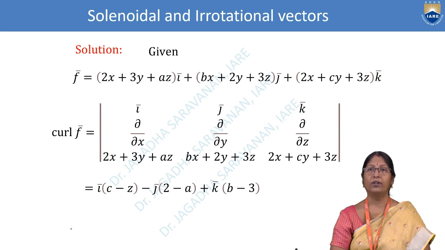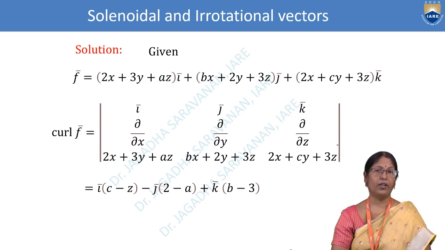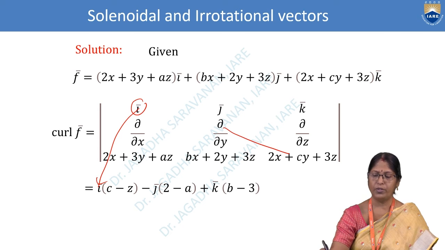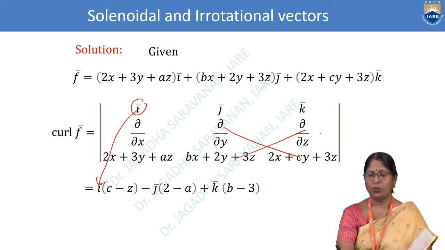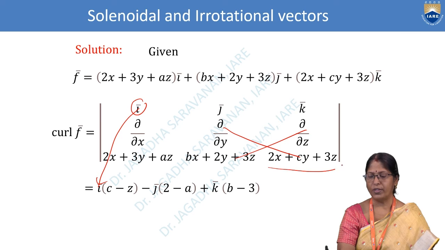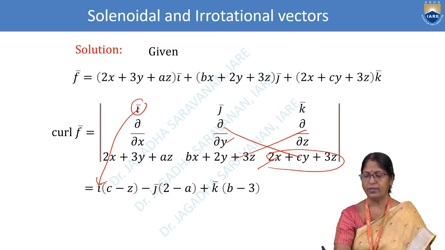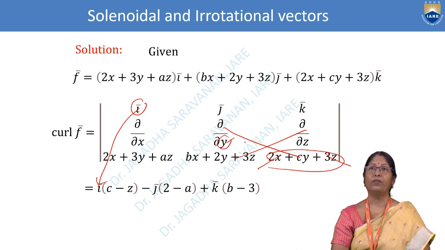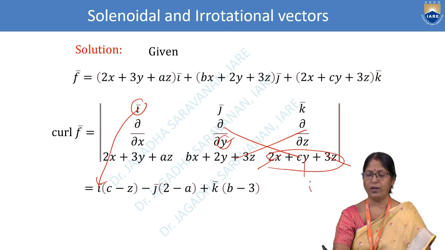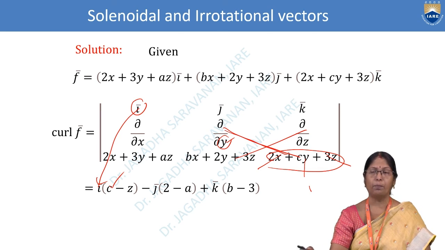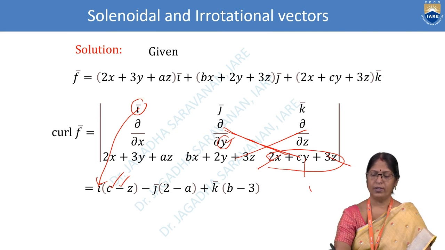Now we have to do the determinant. First, for the i vector, we do these two cross. Here dou by dou y of this term, partially with respect to y, the other variables are neglected. We want only partial with respect to y, so the derivative is 1, 1 into c, c. Next, minus, that is the rule of the determinant formula.